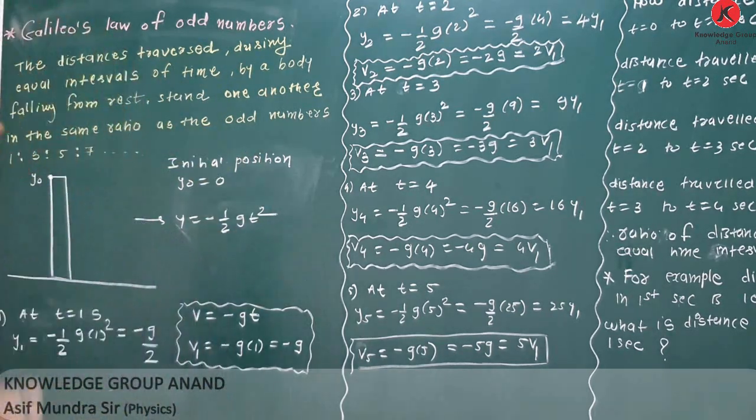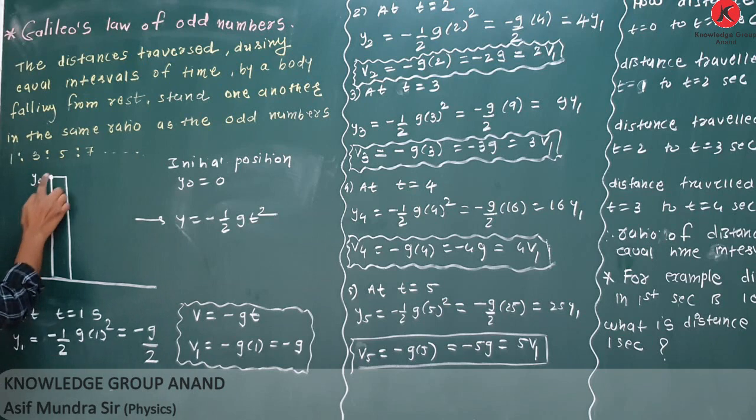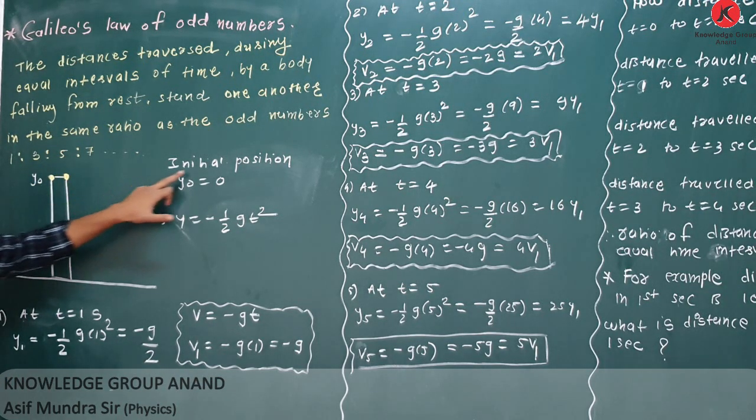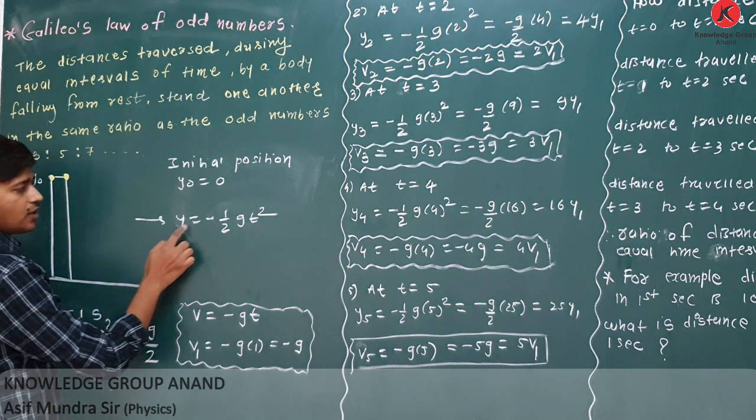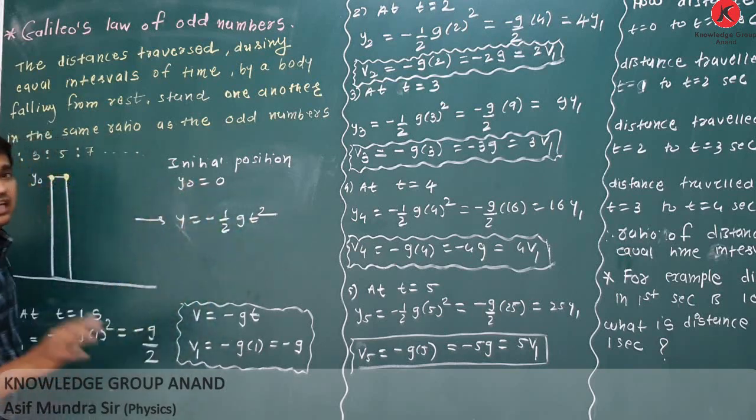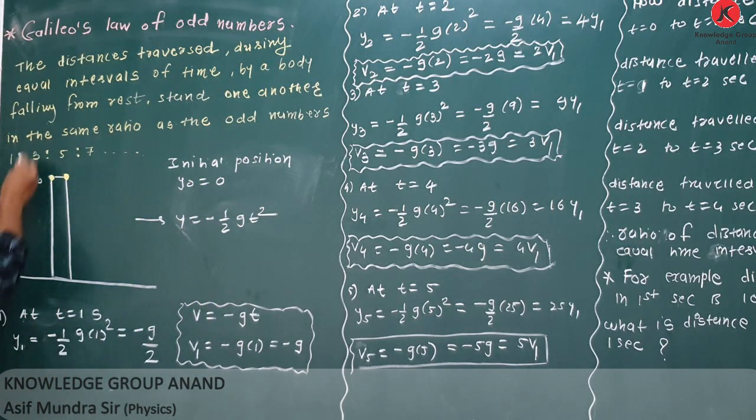See, we are taking one example. It is a building. Suppose the object is initially here, on top, named y0 at the origin. So the initial position y0 is equal to 0. Now what is the equation of displacement? y is equal to minus half g t square in the case of free fall, falling from rest.